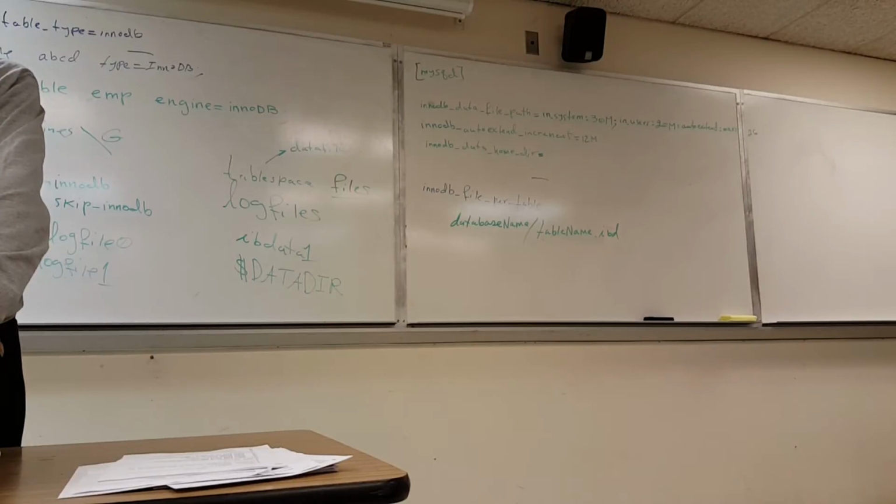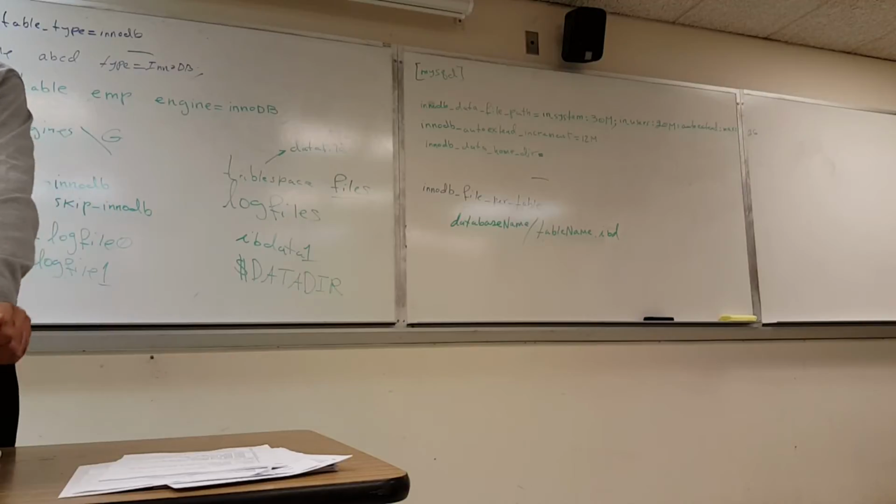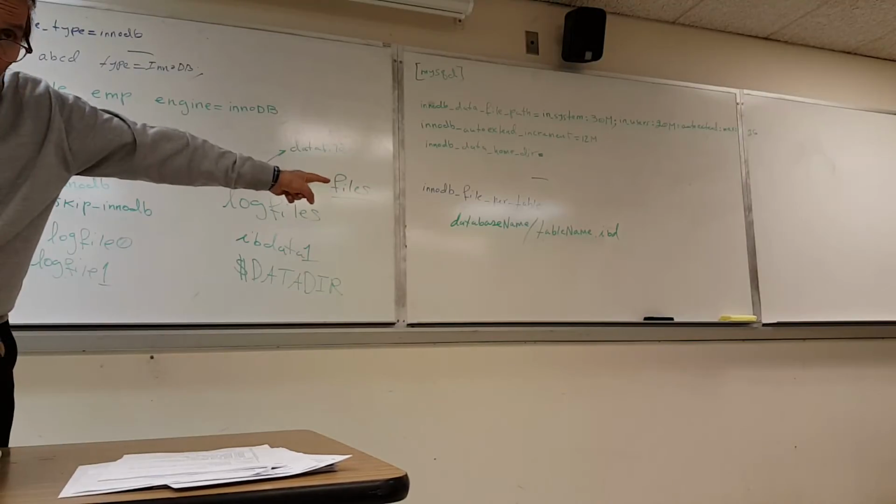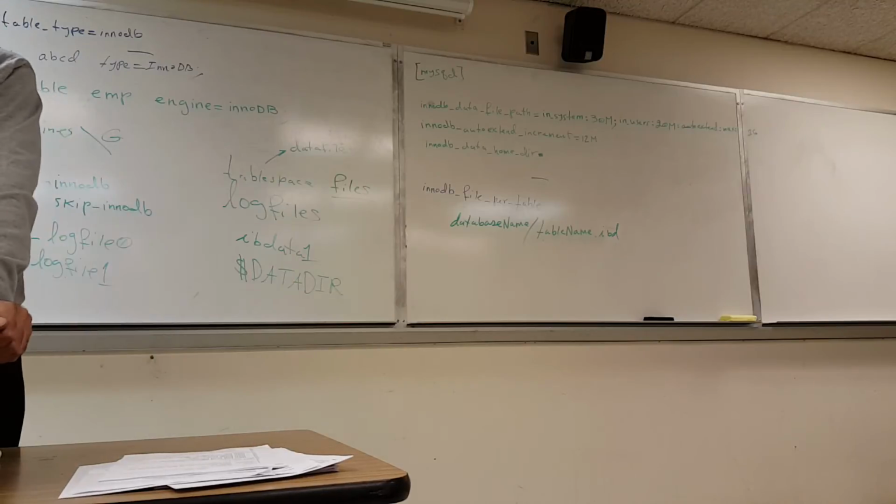The manual says we should make a backup of all of these individual tables using mySQL dump. We discussed mySQL dump. You remember? You have it in your notes, okay?